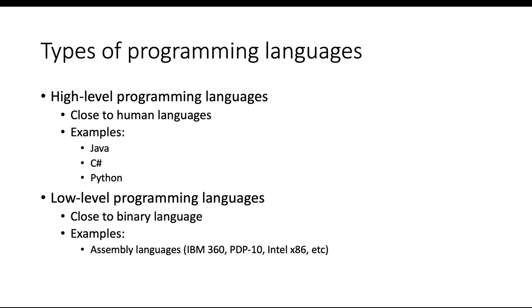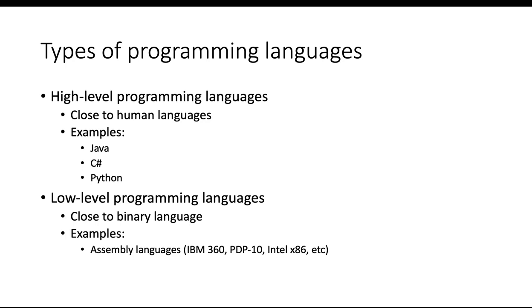Whereas the second type of programming languages is the low-level programming languages. Low-level programming languages are close to machine code, close to binary code, which means they run faster and run close to the architecture.